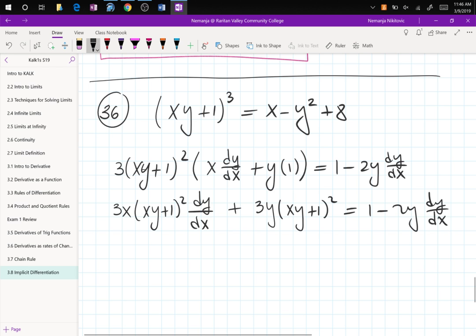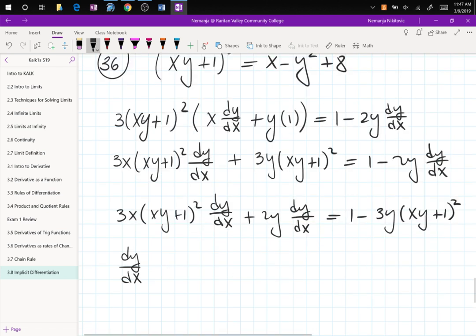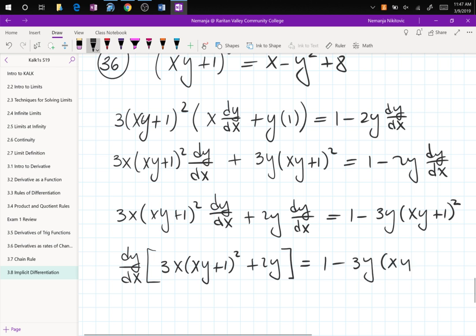So the left side has dy/dx, then the right side without. We have 3x (xy plus 1) squared dy/dx plus 2y dy/dx, so dy/dx times 3x (xy plus 1) squared plus 2y is equal to 1 minus 3y (xy plus 1) squared.